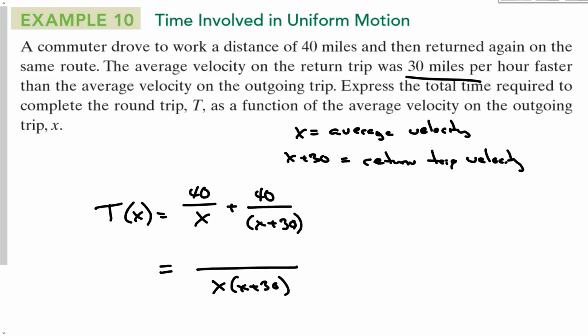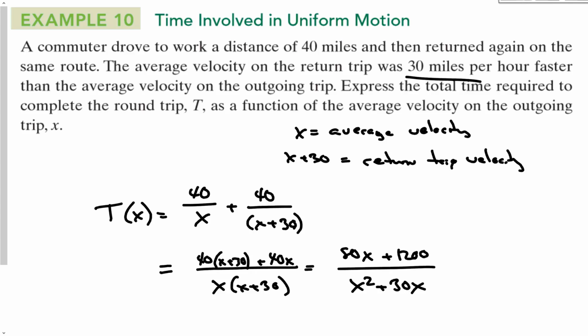That gives me 40 times x plus 30 plus 40 times x, which then gives me 40x and 40x, that's 80x plus 1200 over x squared plus 30x. If I wanted to graph this function, I can, but the question just says write the function, so here's the function.